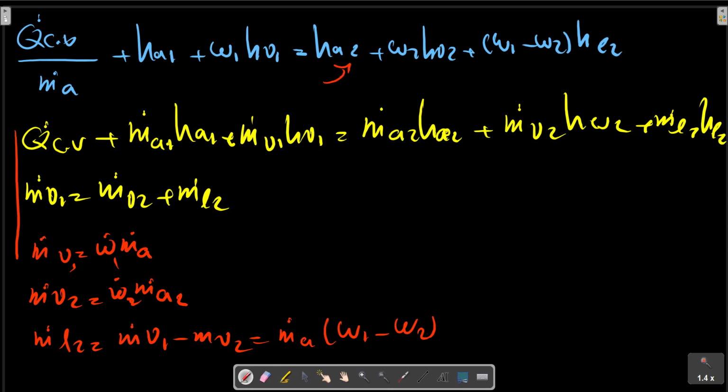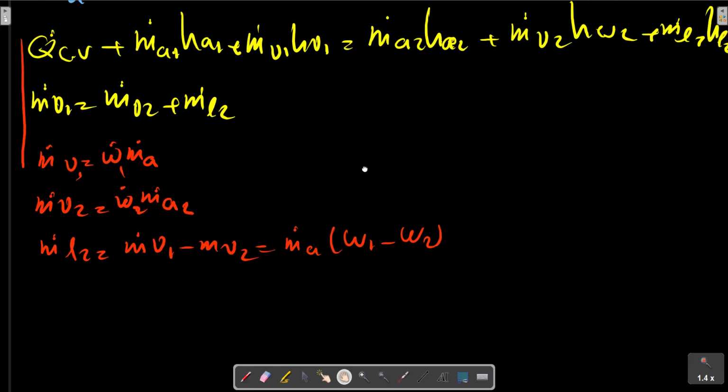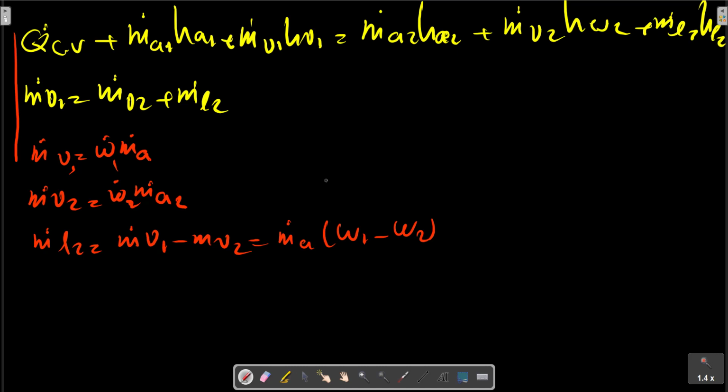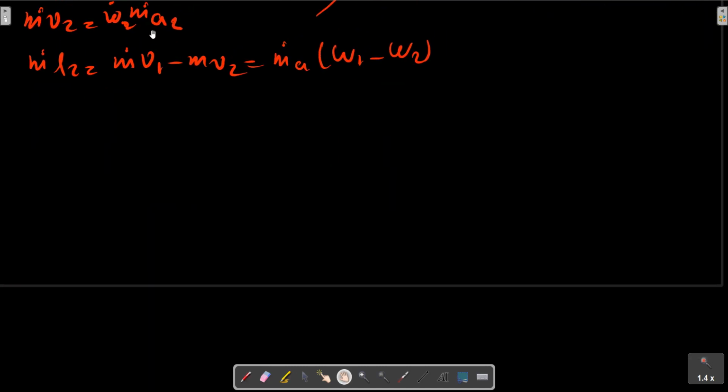Replacing to this relation, we can obtain the first law equation as calculated.